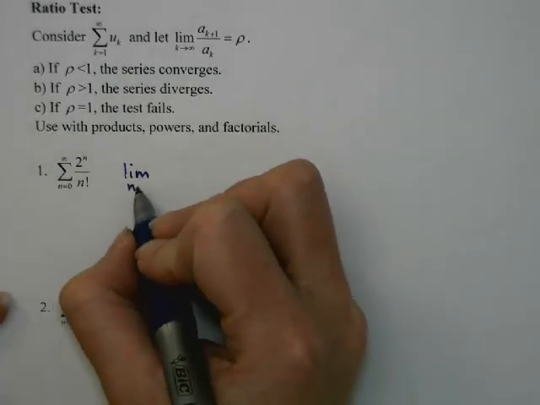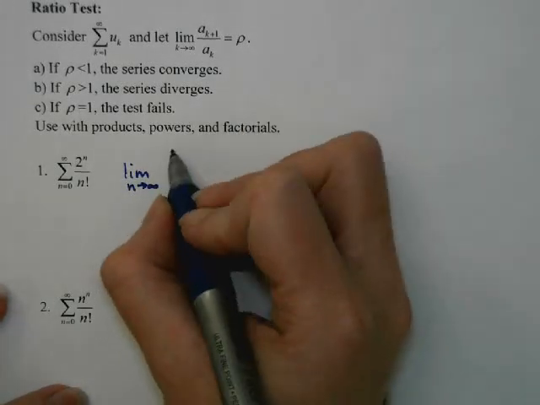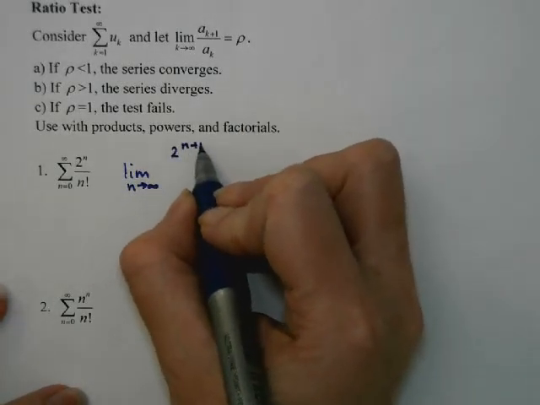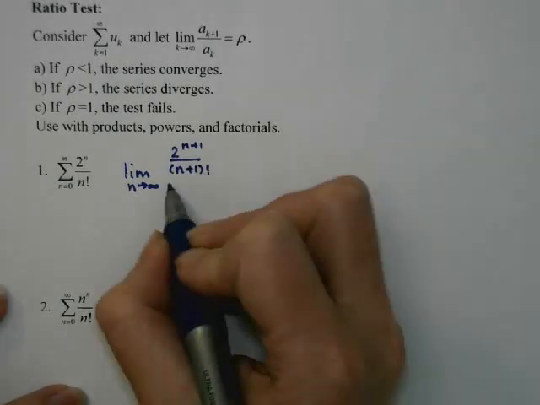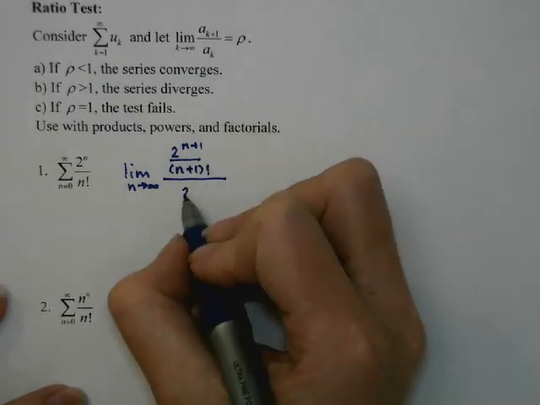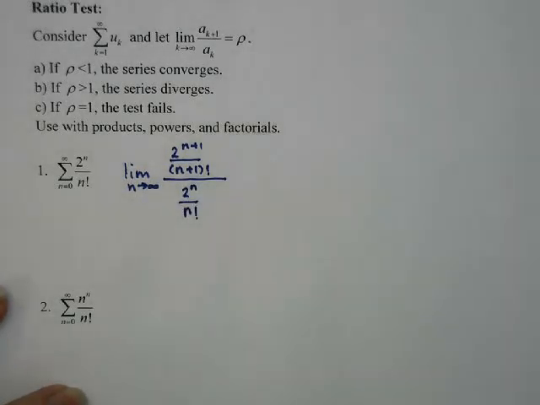All right, so we're going to have the limit as n goes to infinity of the nth plus 1 term, so 2 to the n plus 1 over n plus 1 factorial over 2 to the n over n factorial.